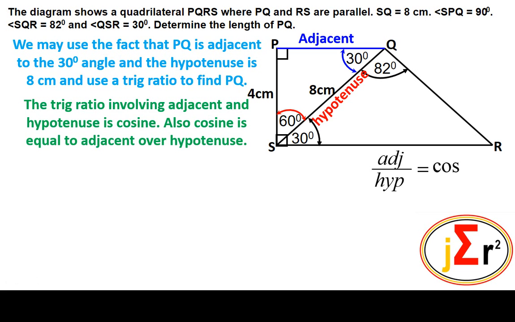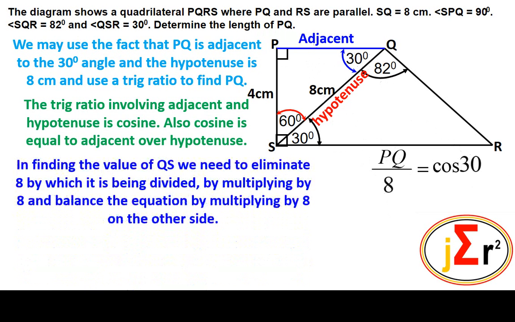Therefore, the hypotenuse is 8 centimeters. The side adjacent to the 30 degrees angle, which is the one that we intend to find, is PQ. PQ takes its rightful place there. The hypotenuse is 8 centimeters and the angle involved is 30 degrees.